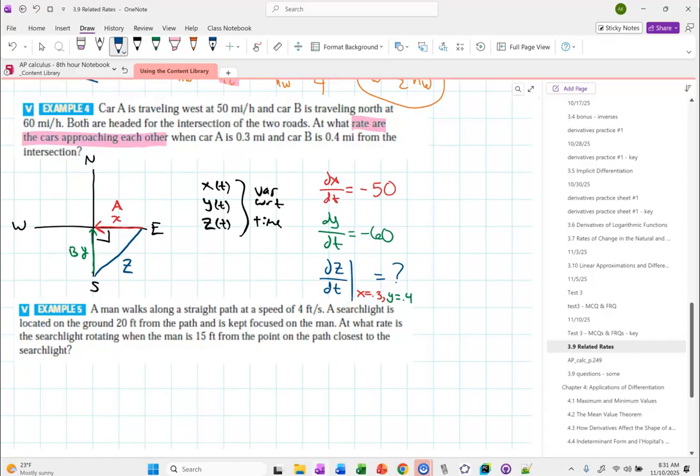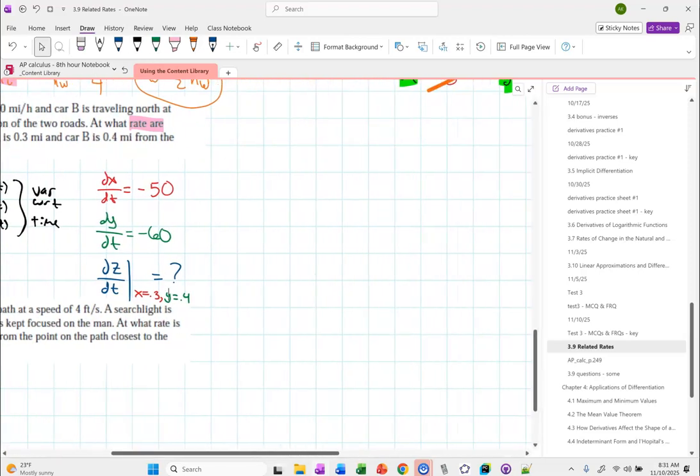Okay. What equation are we going to use to relate the variables together? Pythagorean theorem is the obvious choice, I would hope. You're given a triangle, you know nothing about the area, you know nothing about the angles. It's a right triangle, the only thing left would be the Pythagorean theorem.